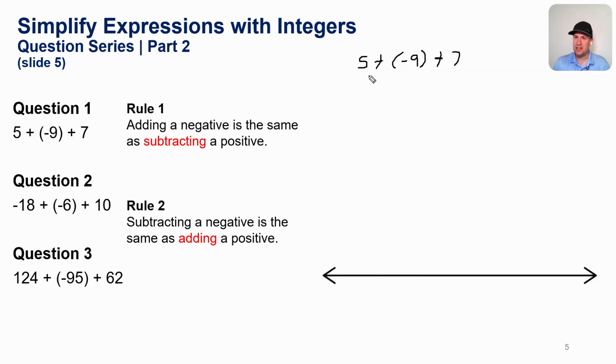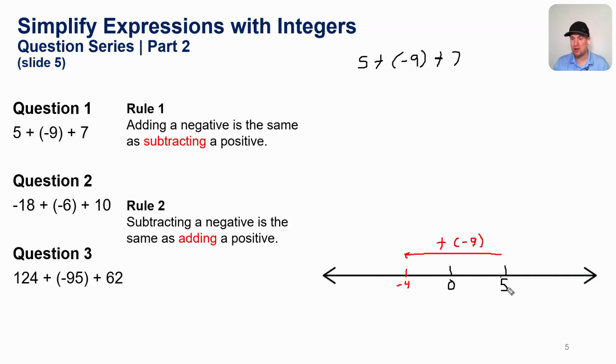So if we look at this then, we have 5. I'm going to go to the number line here again. So we start with the number 5, and we're adding a negative 9. So this is adding a negative. This means we're decreasing its value here. So if I add a negative 9, where I end up here is at a negative 4.